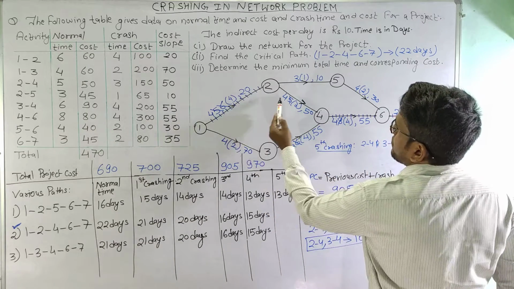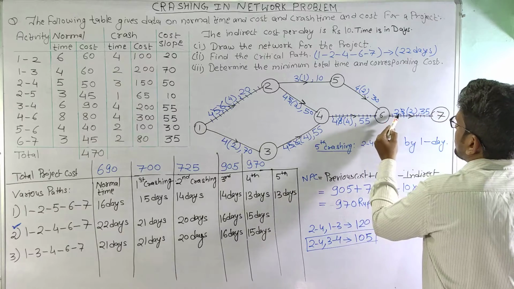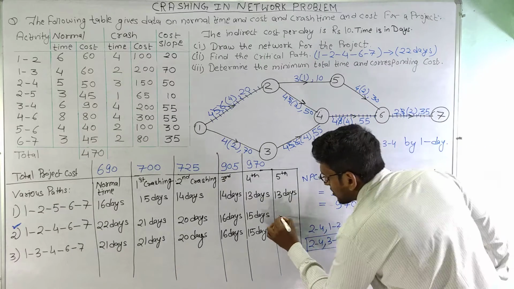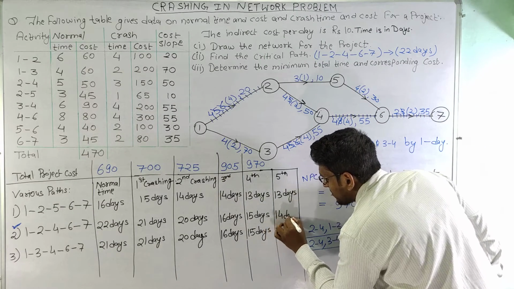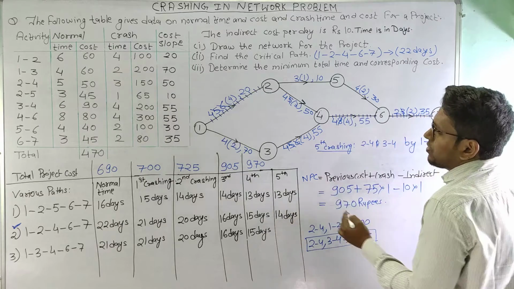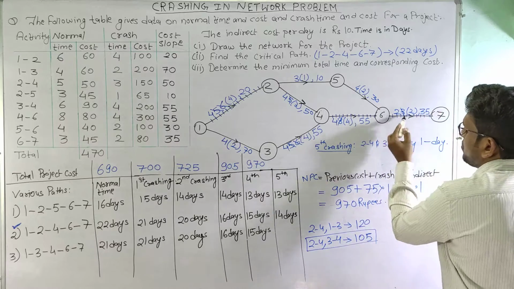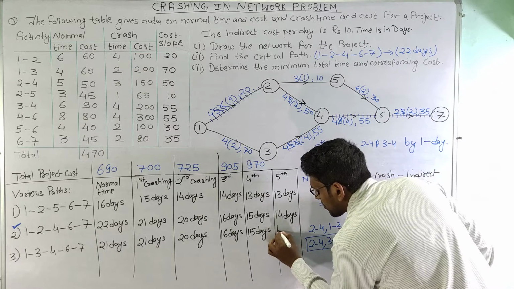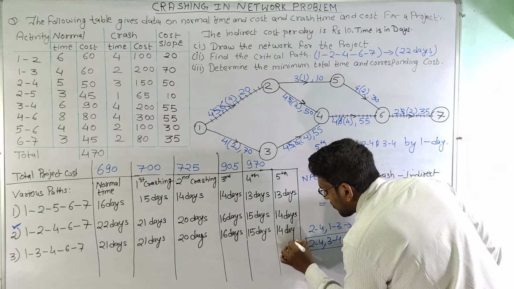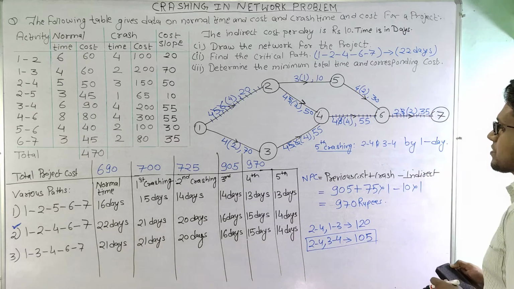Second path, it is 4 plus 4 is 8, 8 plus 4 is 12, 12 plus 2 is 14. So this has been reduced to 14 days. Now this is 4 plus 4 is 8, plus 4 is 12, plus 2 is 14. This is also reduced to 14 days.